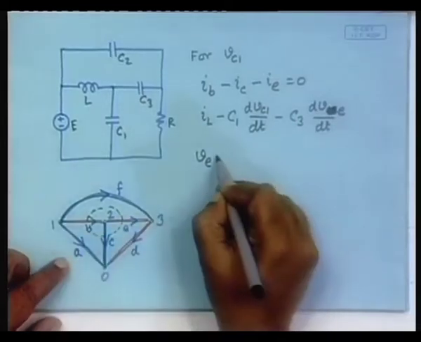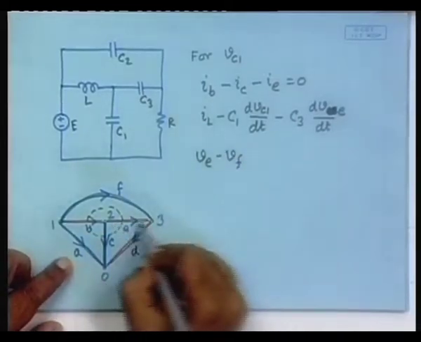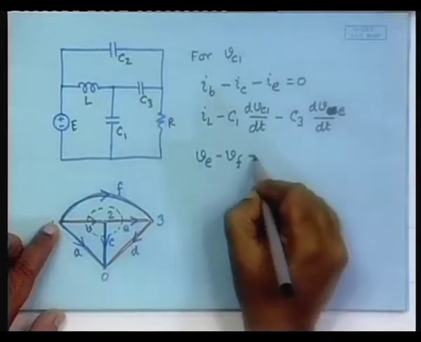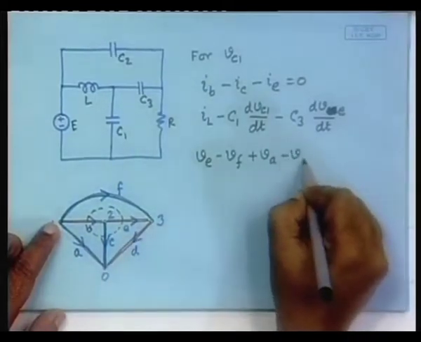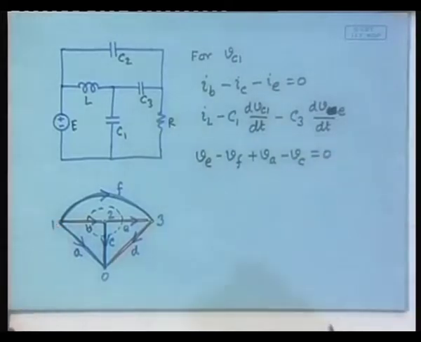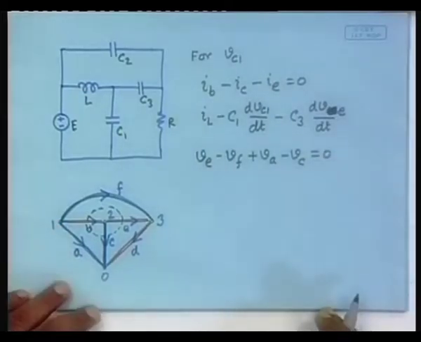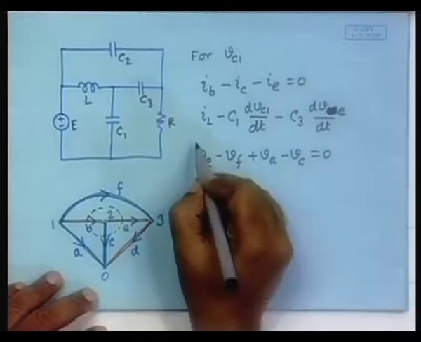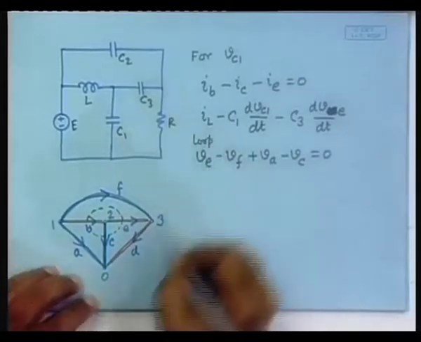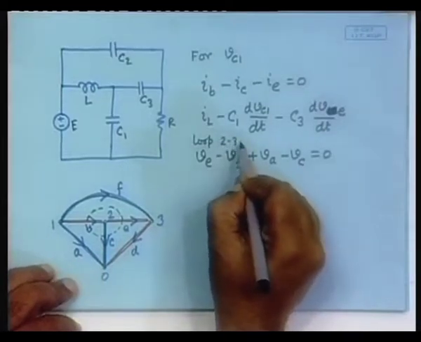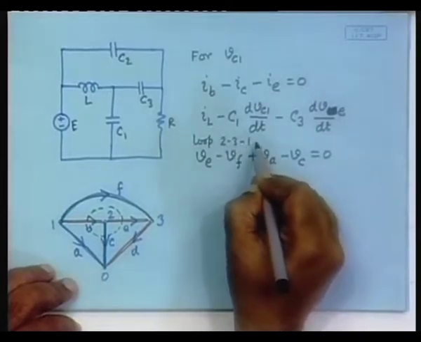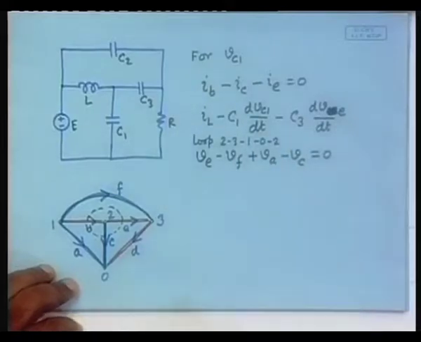VE minus VF, because it is in the opposite direction, plus VA minus VC is equal to 0, right. So, this is the loop 2 3 1 0 2.